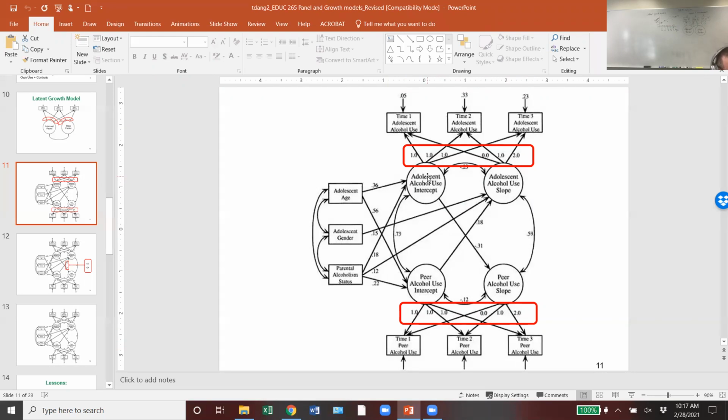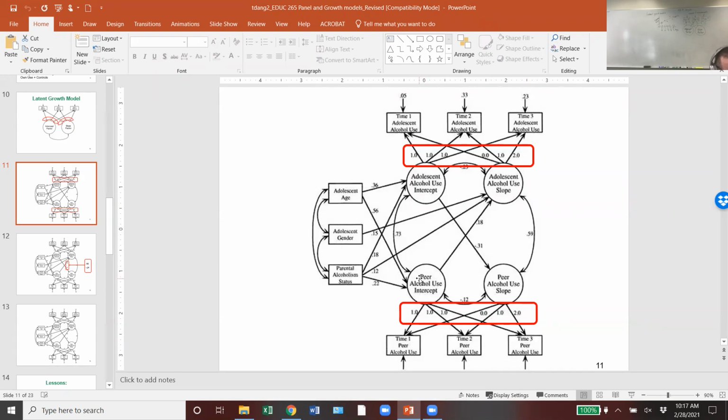So what they did was to have an intercept for adolescent alcohol use, and then a slope for alcohol use. And those came from constraining these coefficients to be 1 and these coefficients to be 0, 1, and 2. So that gave you, in effect, the same kind of intercept and the same kind of slope that you got from the multi-level model.